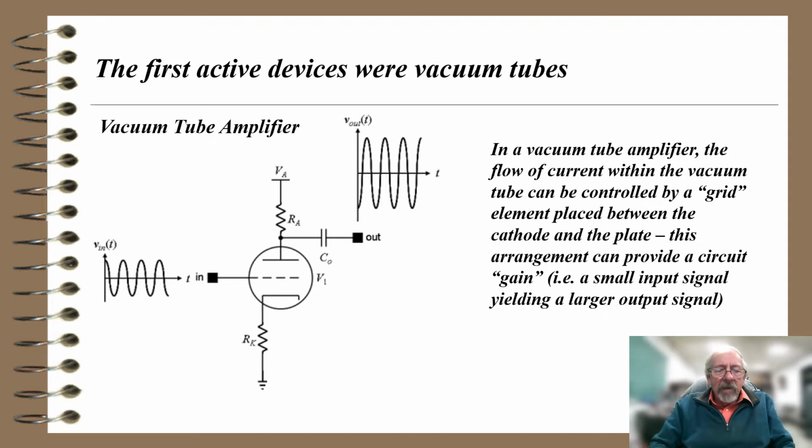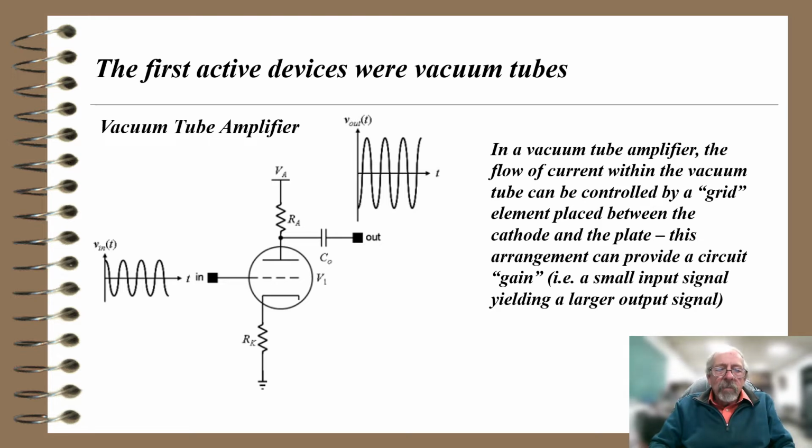V stands for vacuum tube. That's a symbol for vacuum tube. That's V1, vacuum tube 1. There's an RK for cathode, and there's an RA for the anode. I have a positive voltage, V sub A, for the anode. I have a blocking capacitor, C sub 0, which blocks the high positive voltage on the anode, because I don't want to burn out any succeeding components.